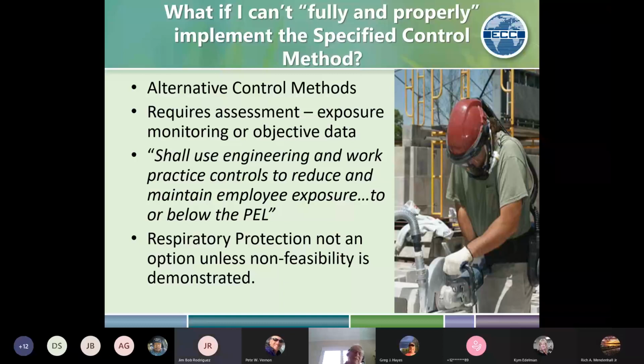The reason I put this picture up there is you can see that when we talk about assessing exposures, we're doing personal exposure monitoring. And the personal exposure monitoring for silica is different than for other particulate matter, where you're just sort of collecting total dust. We don't want to collect total dust because total dust has no significance as far as respirable crystalline silica's health effects.